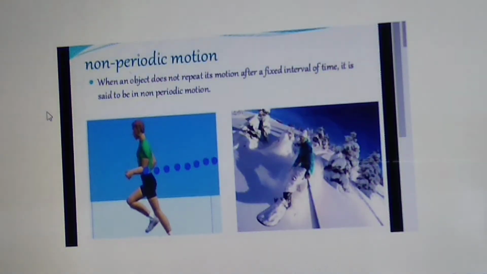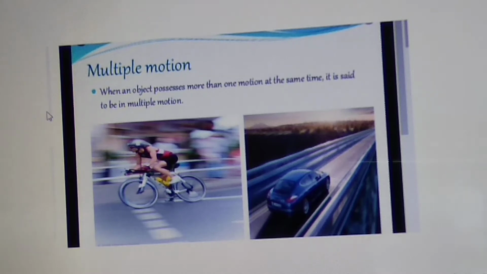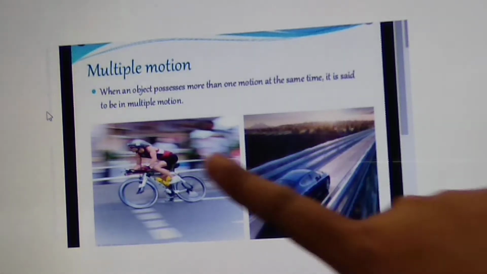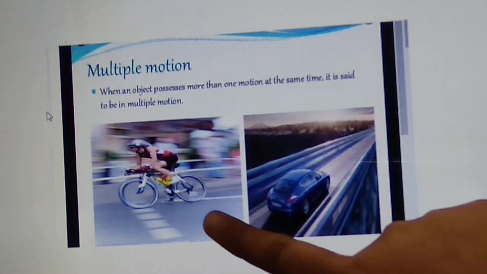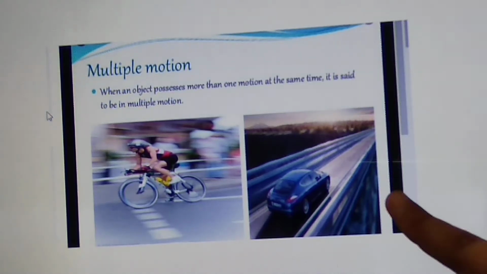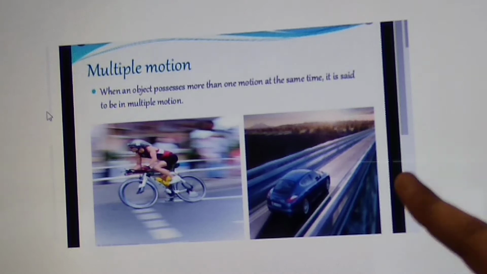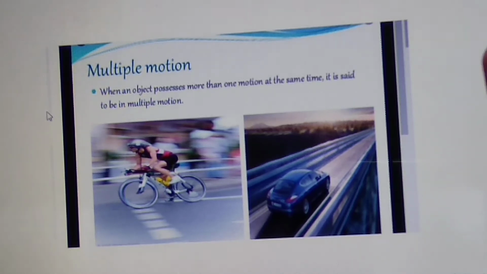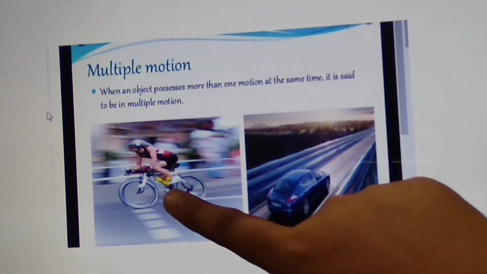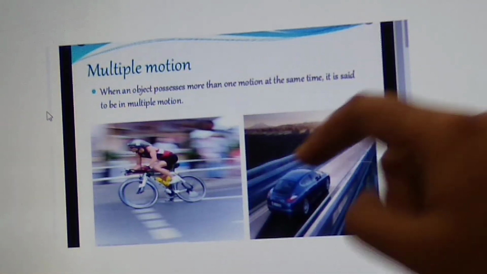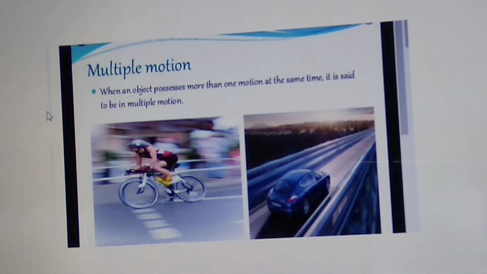Alright. Now coming to the multiple motion. See, a person is bicycling and a car is moving also. Now in both of these cases, we will find both types of motion taking place at the same time. How? This boy is cycling, where he can cycle in a linear path, while he can cycle in a circular path also.